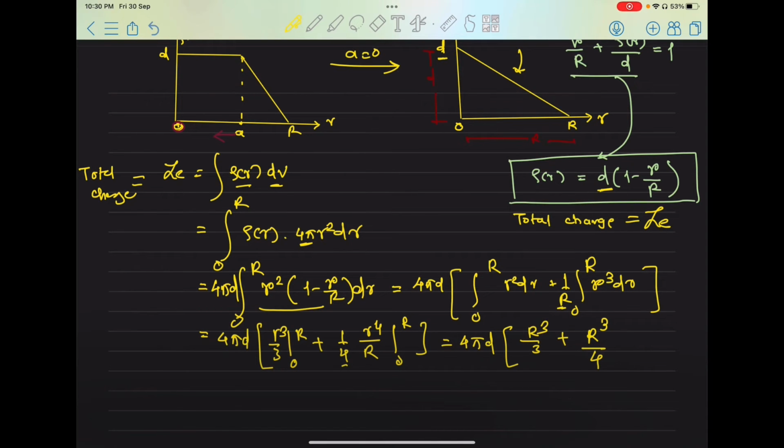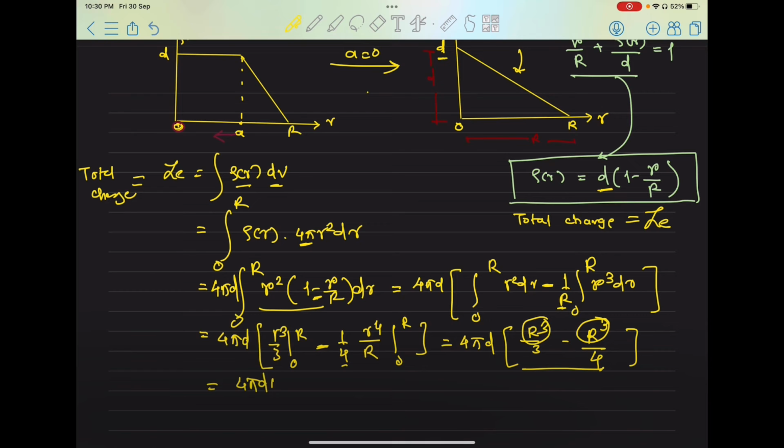And one more thing, I missed a minus sign over here. This should be minus because this is minus. Okay, so let us put minus over here also. Okay, now this is nothing but 1 upon 3 minus 1 upon 4 after we take R cubed common from this bracket.